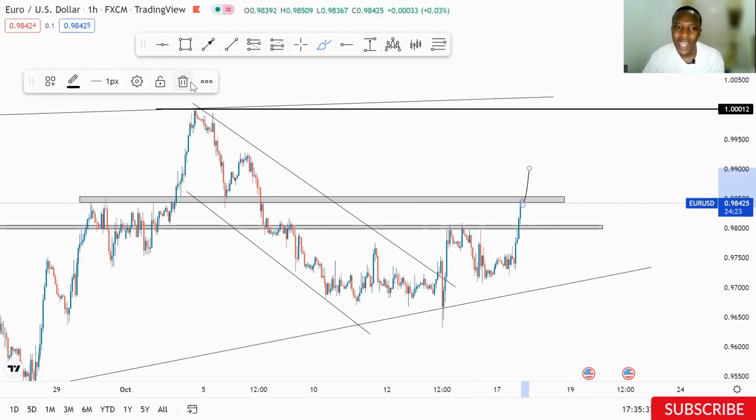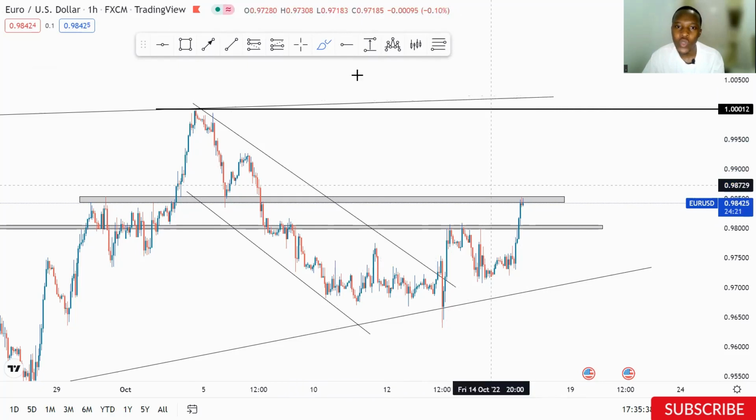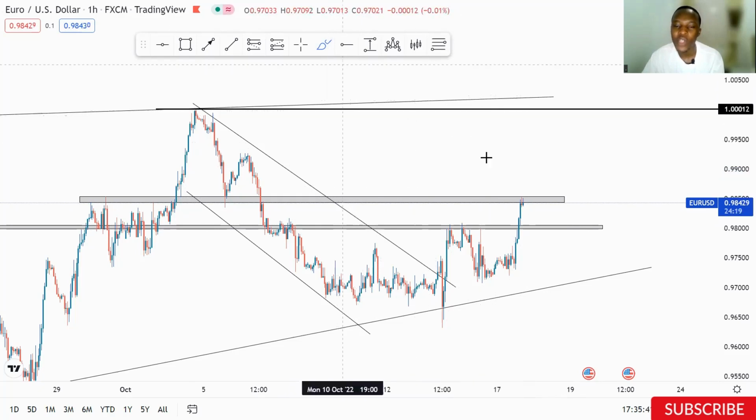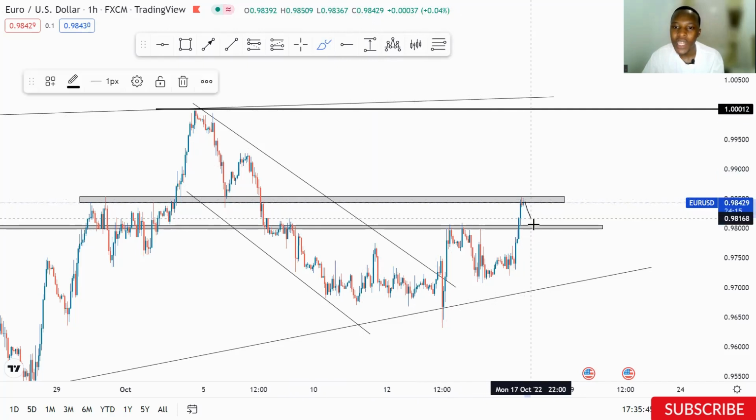At the same time, if you're not sure what to do, that resistance is also helping you to have an idea that this could be a retest. And then again, you can use this support level as an opportunity to buy, right?